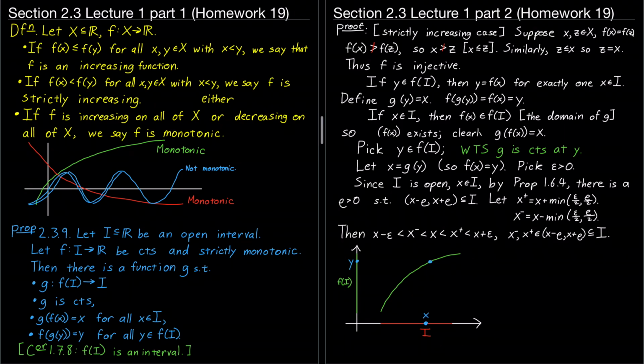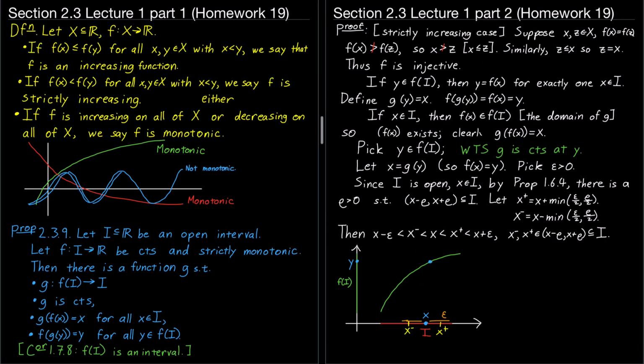And then we want to put epsilons on either side of x. So we pick our epsilon, we go a distance epsilon in either direction. And then we're going to grab our x minus here, our x plus here, and see what we get.